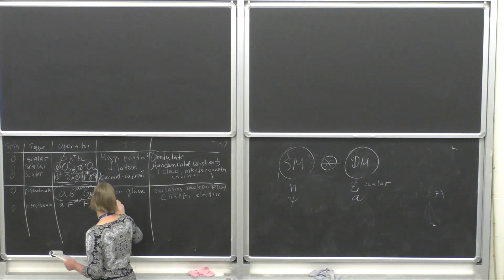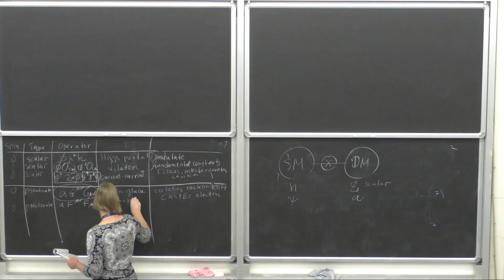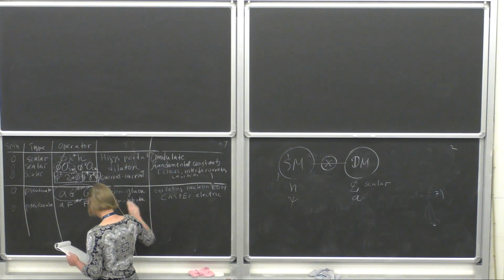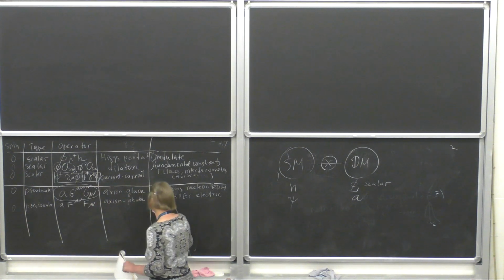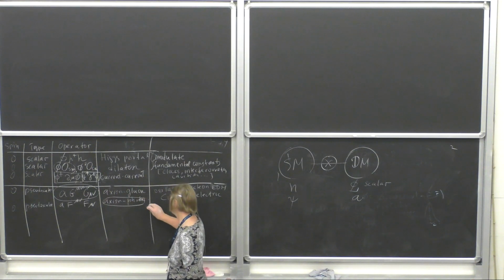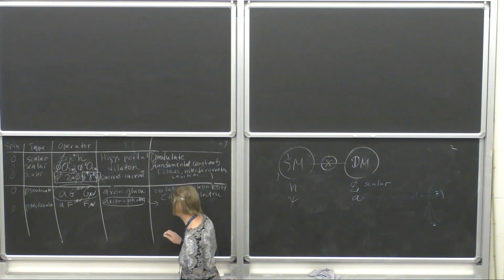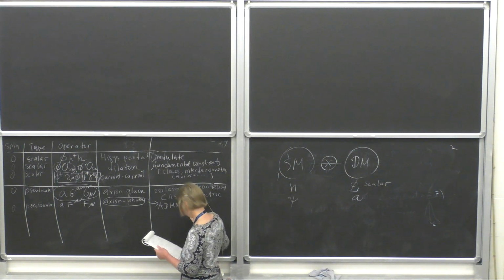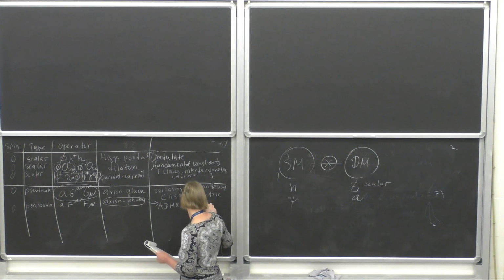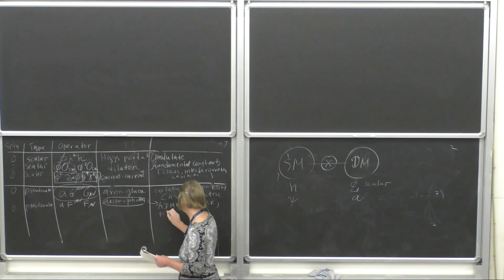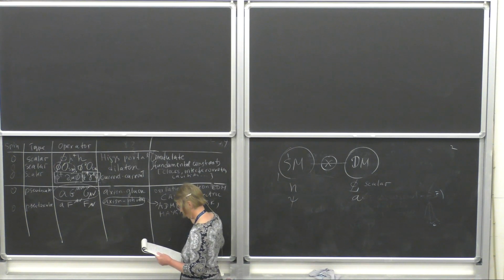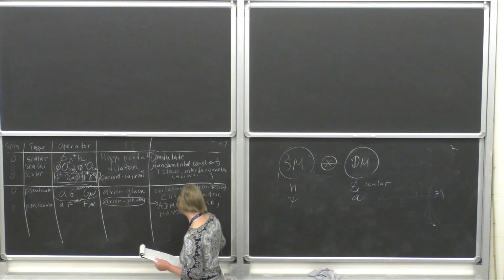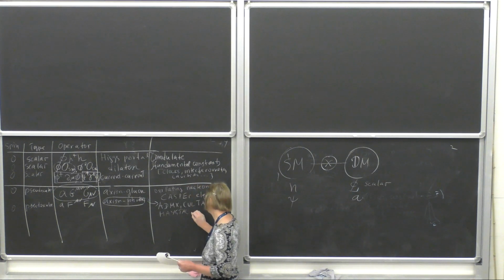The axion photon coupling. Now this is very popular, so people have been looking for it with microwave cavities, and names of experiments are ADMX, CARRACK, and HAYSTAC. I'm not sure how they spell it exactly. And also MADMAX.